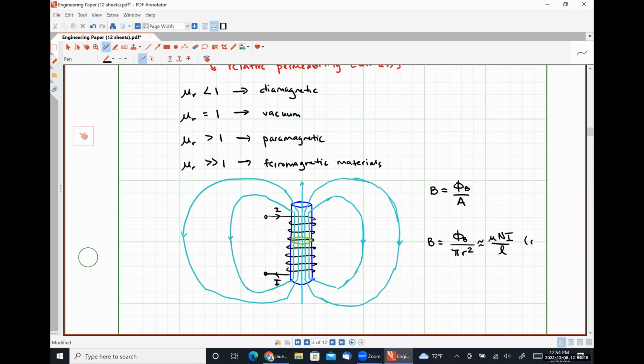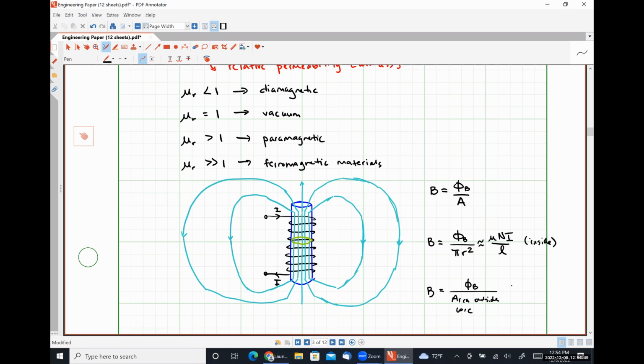So this is inside of our core. Outside, we're going to have our magnetic flux divided by the area outside of our core, okay?